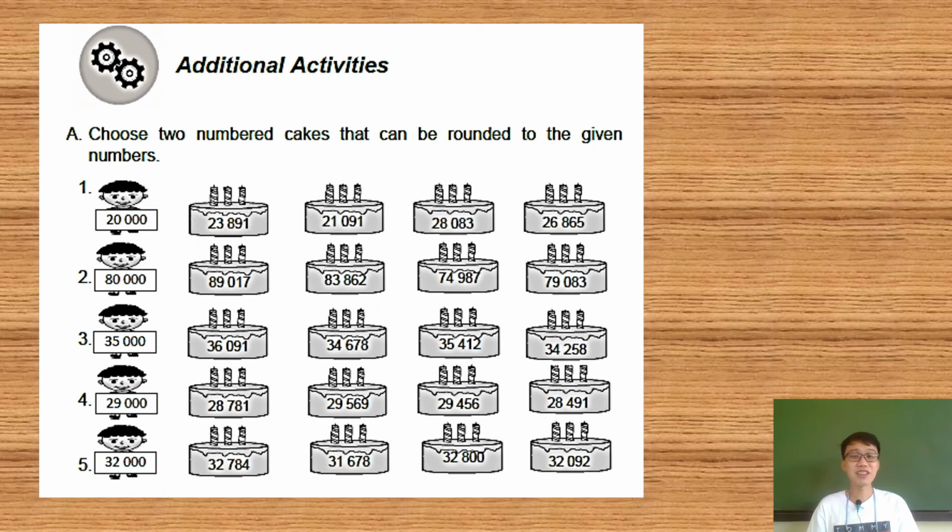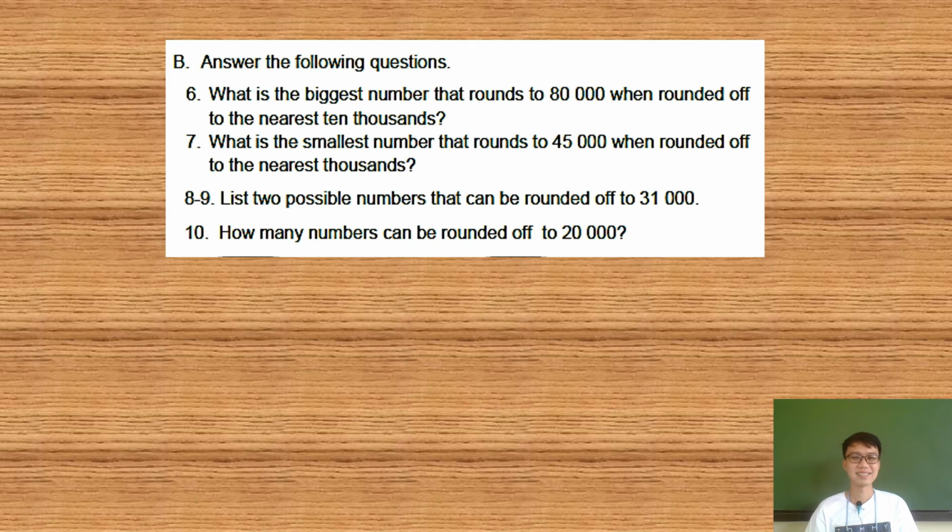The additional activities will serve as the performance task of the online asynchronous class. Letter A. Choose 2 numbered cards that can be rounded to the given numbers. For letter B, answer the following questions. Number 6. What is the biggest number that rounds to 80,000 when rounded off to the nearest 10,000s?